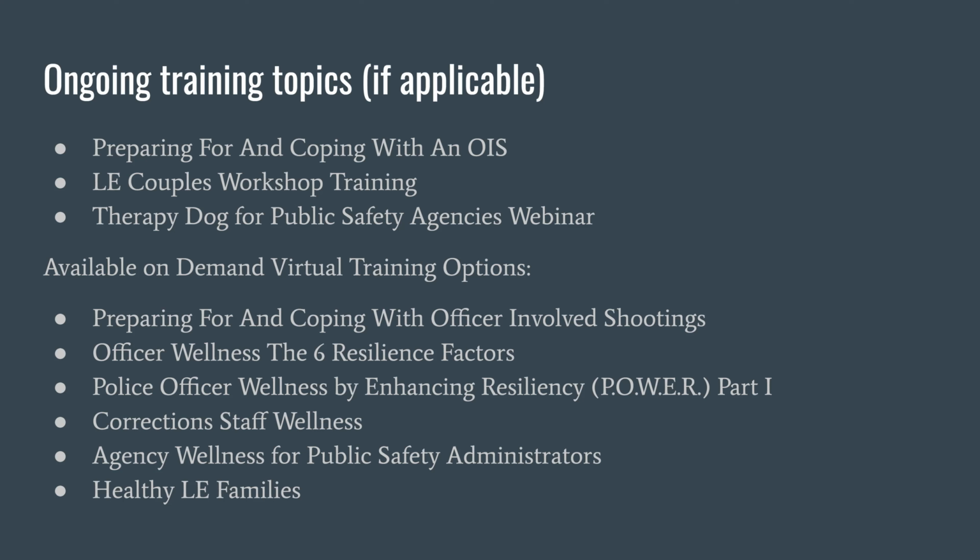Therapy dogs for public safety agencies is one, which was really fun to do. And I love seeing all the agencies that are picking up on this idea of having therapy dogs on site. And then we have a 4-hour training on the 6 resilience factors, which you will get really the meat of when we meet in person.